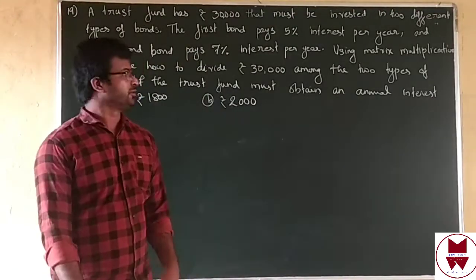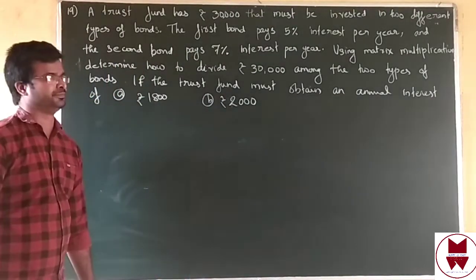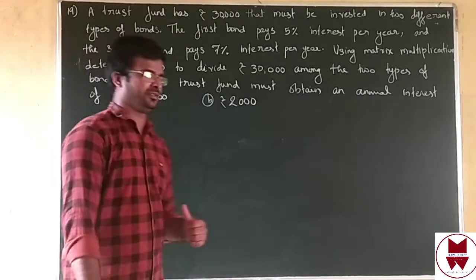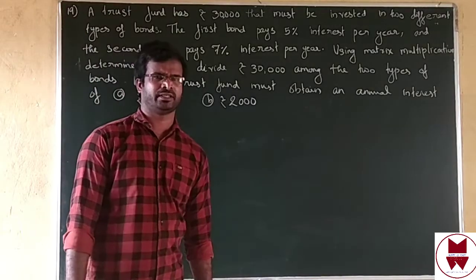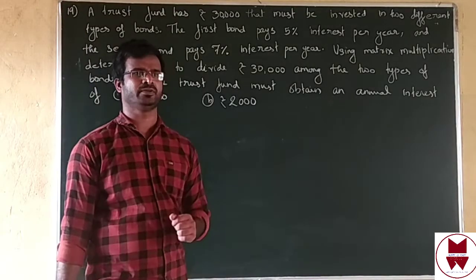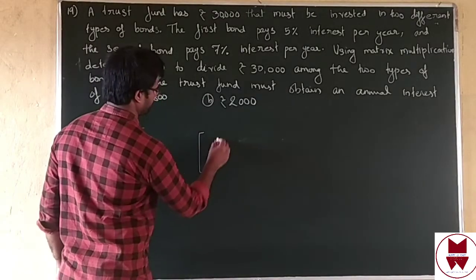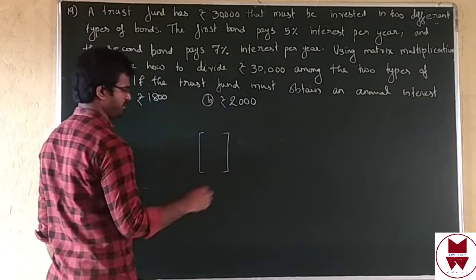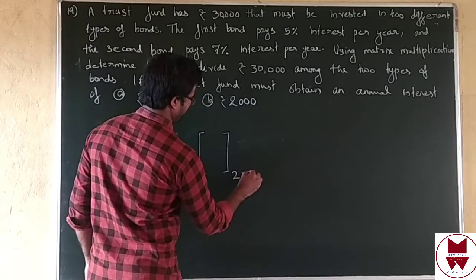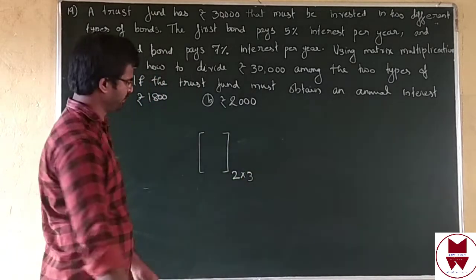Now we can see question number 19. Before starting this question, we can see some basic concept of matrix multiplication. First a 2 by 3 matrix, I'm simply writing the order.